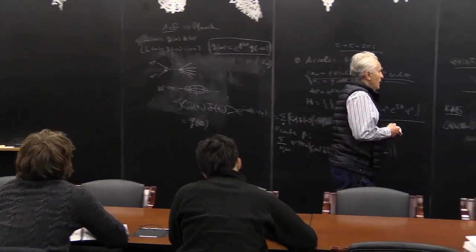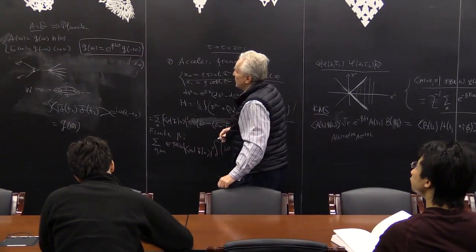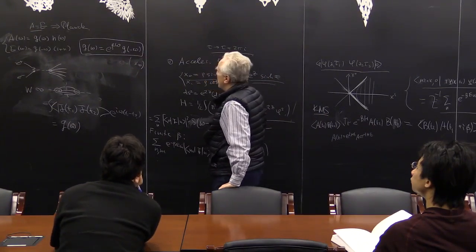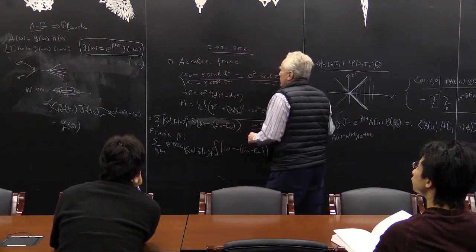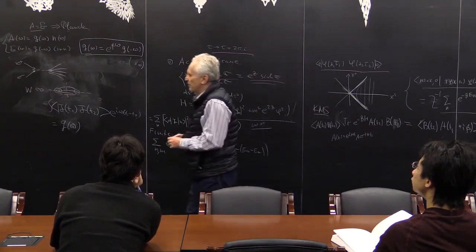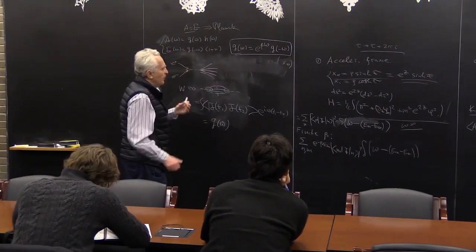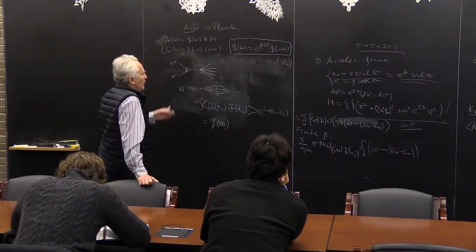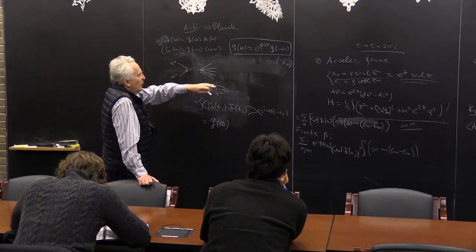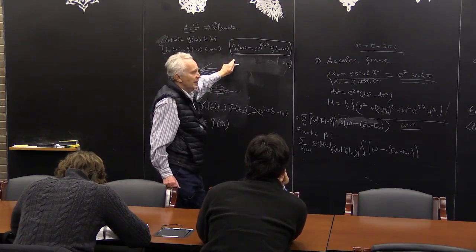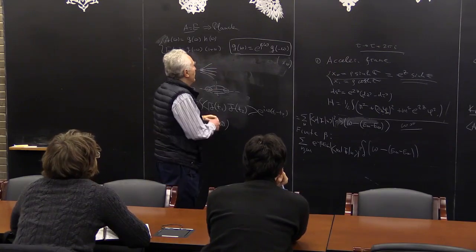Now, what does it have to do with periodicity in imaginary time? What I claim is that this formula just means this periodicity.